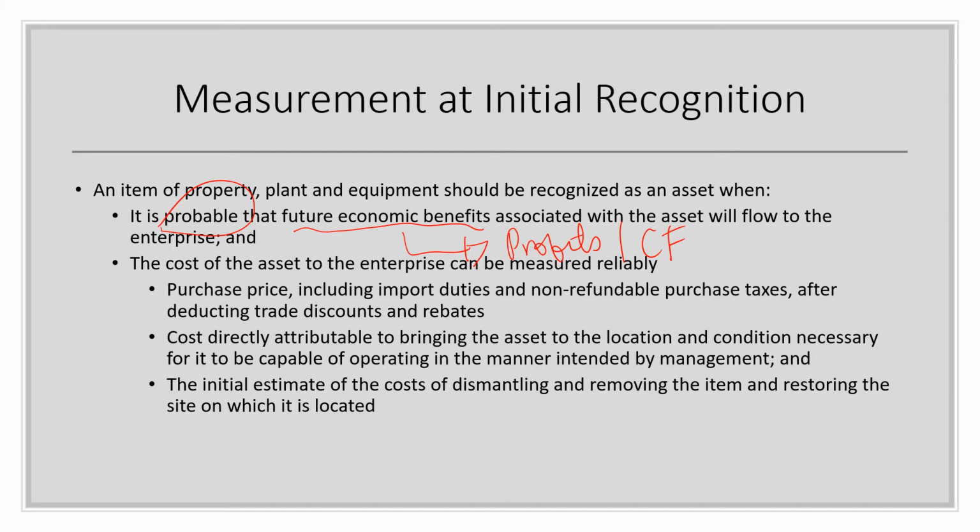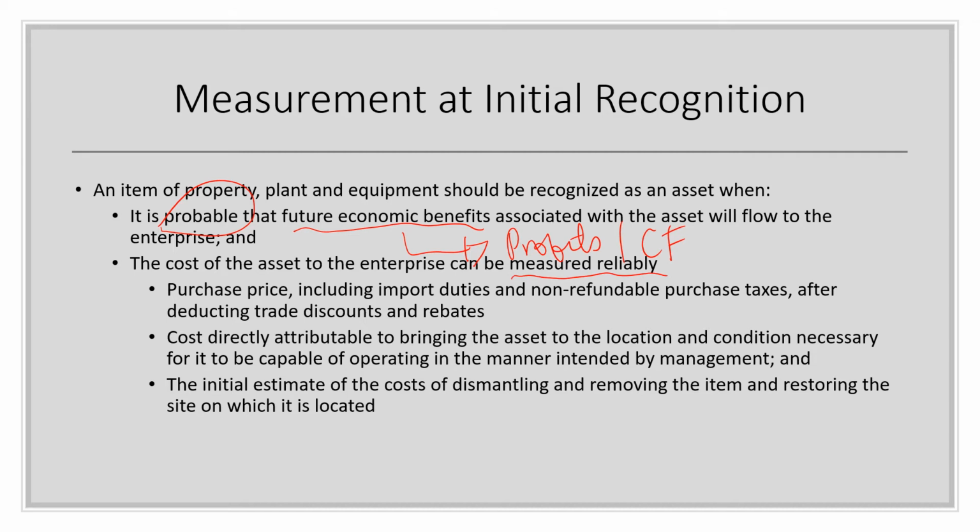If the economic benefits are very certain to be acquired by the corporation buying the asset, it will be recognized as part of property, plant, and equipment. And the cost of the asset to the enterprise can be measured reliably, meaning you can attach a cost to that particular asset.